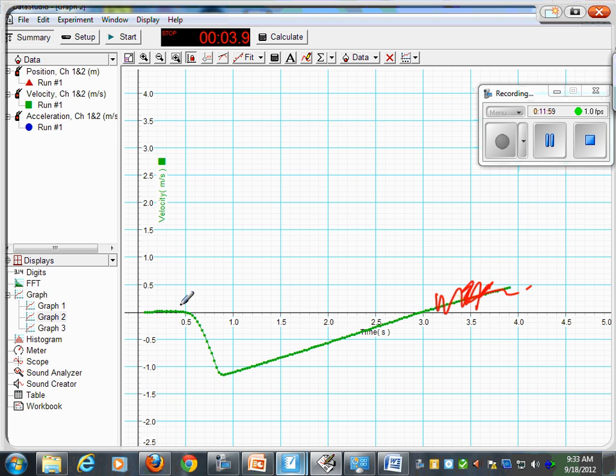And then what's happening here? He's actually pushing, so the velocity is increasing negatively, and then once he lets go, what does the velocity do? It goes to 0, right? When does it go to 0? Right there. That's a good one.